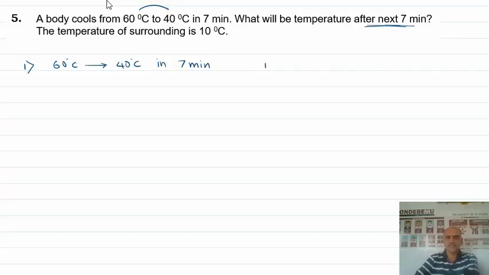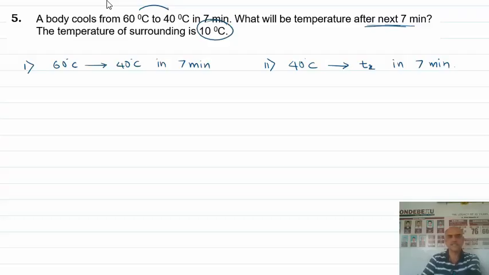That is, in the second case, from 40 you have to calculate what temperature it reaches in 7 minutes. You can also take it as t.